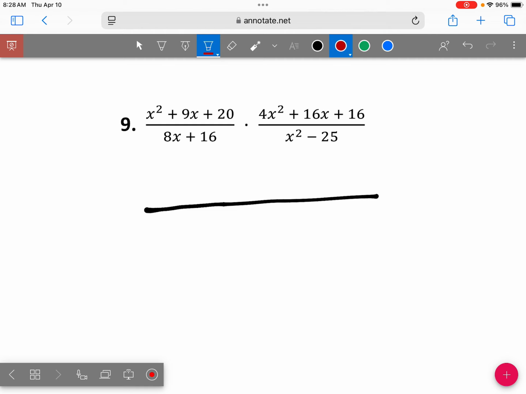I'm going to start by factoring this, which has an A value of 1, so that's pretty easy. You can make your 2 parentheses, put an X in front of both. Find 2 numbers that would multiply to give you 20, but add to give you 9.